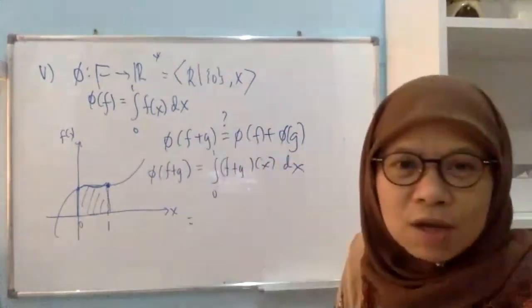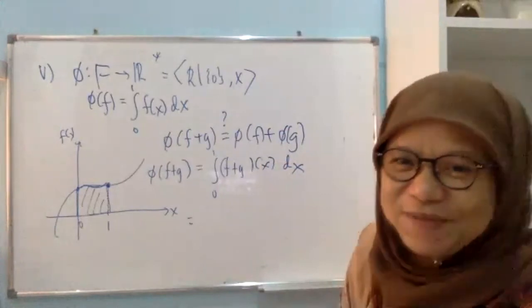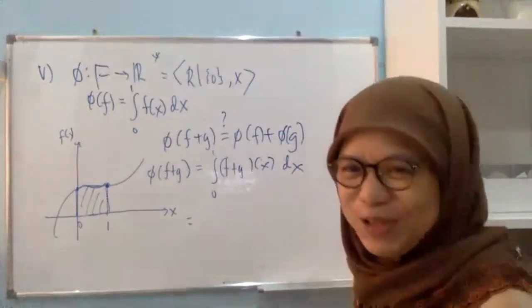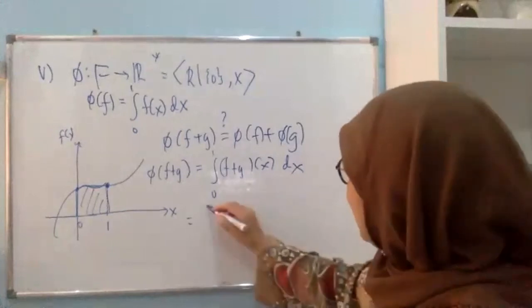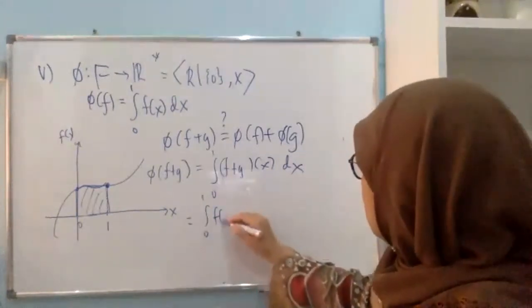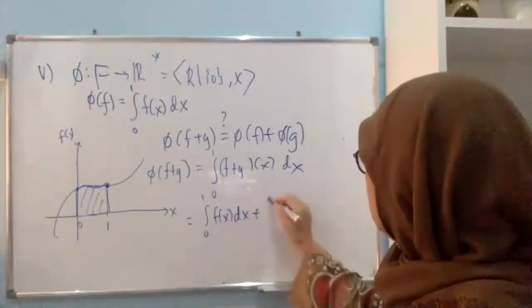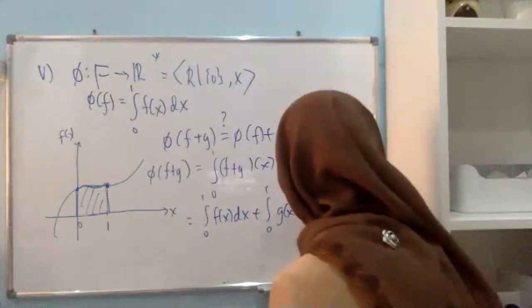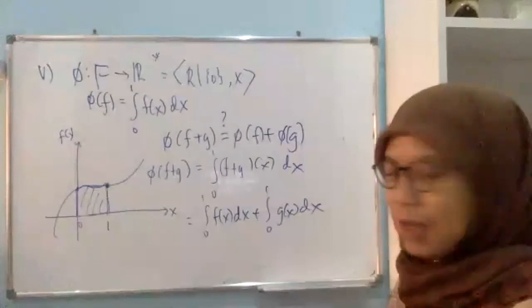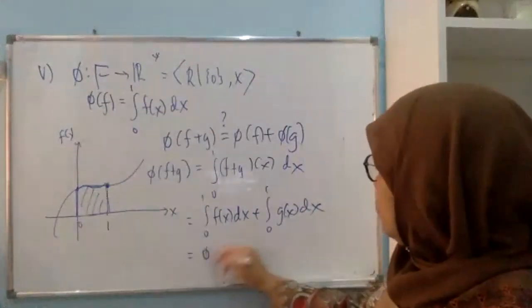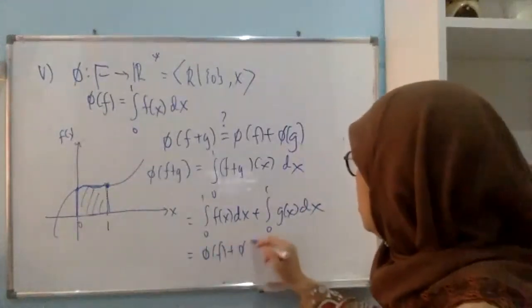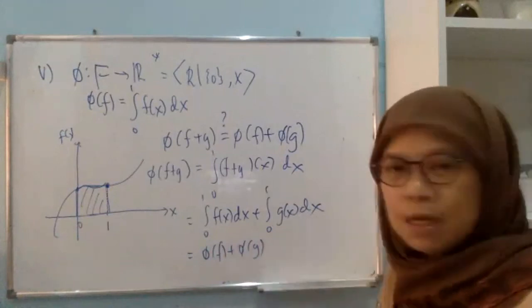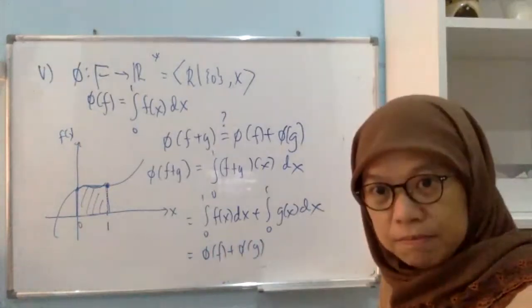I haven't taught calculus for the longest time. I used to teach calculus last time. You can separate, so this is phi f plus phi g. Okay, so it is a homomorphism.